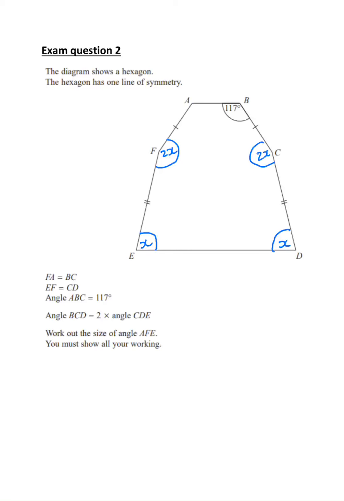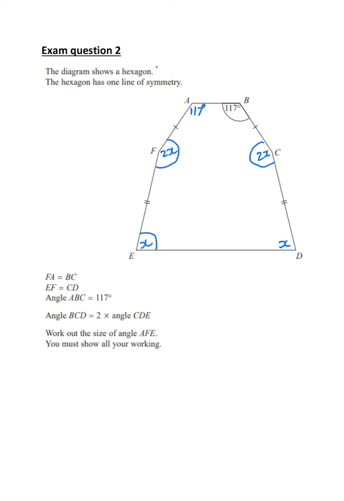So if I call angle CDE x, that means that BCD will be 2x. Now, of course, this side is equal to that side, this side is equal to that side, so that means that if this is x, that angle will be x, and if this angle is 2x, that angle is 2x, and in the same way, if this is 117, that will be 117 as well.